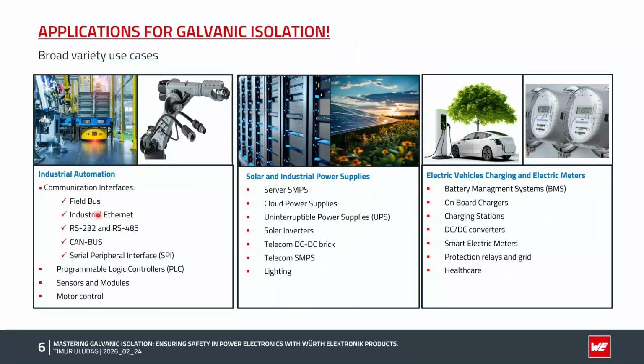The next one here in the middle, these are the applications where you have power supplies and converters. For example, the power supplies, UPSs, solar inverters for telecom or power supplies for lighting. And finally, here on the right side, smart metering solutions and chargers for electrical vehicles.